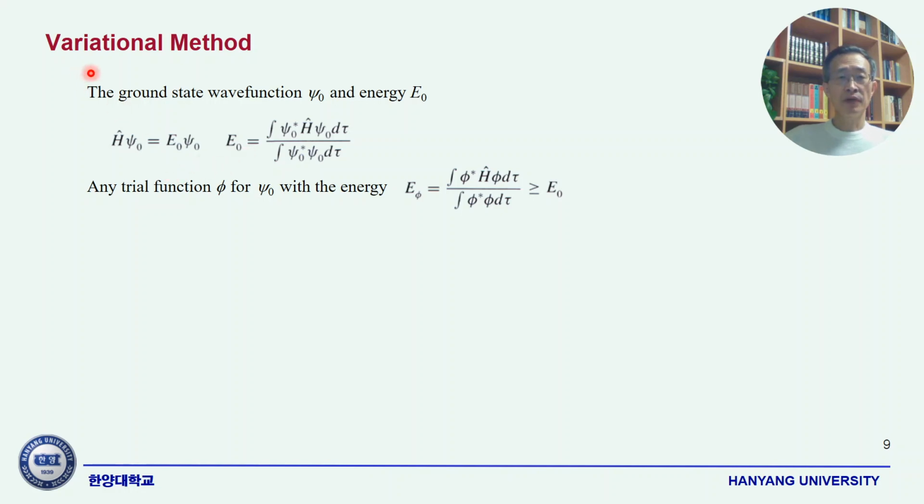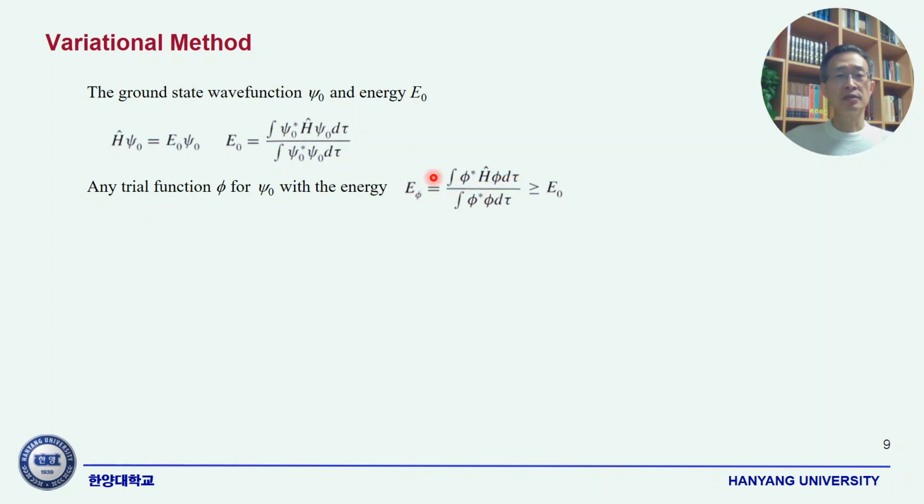The variational method tells you that any trial function, an educated guess that mimics psi naught, with the energy computed just like this in the position of psi naught, you put phi.